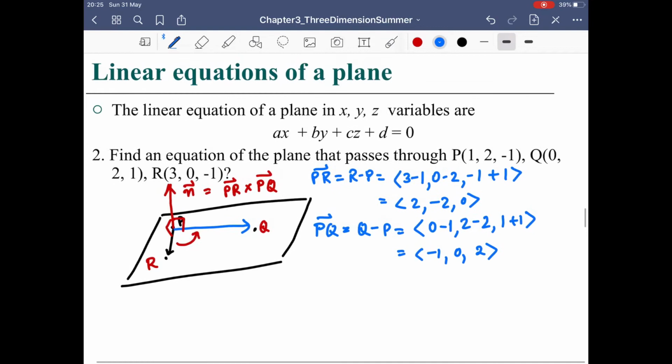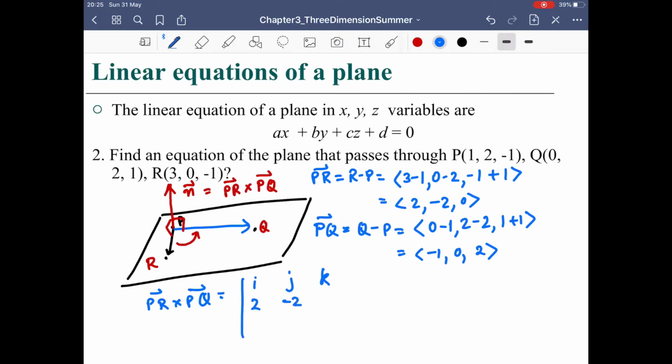So the cross product between them, PR first, cross PQ, is simply i, j, k, and then 2, -2, 0, and -1, 0, 2. Again, if you know how to do it very quickly, then do it. Right now we just added 2 more columns.